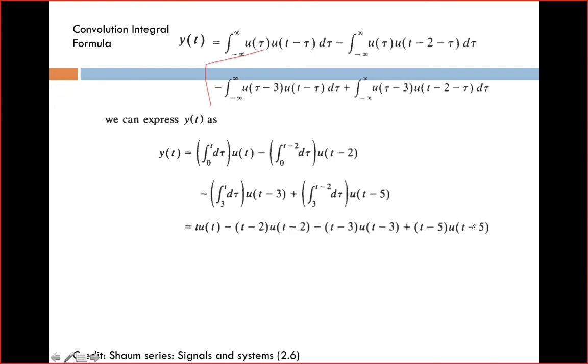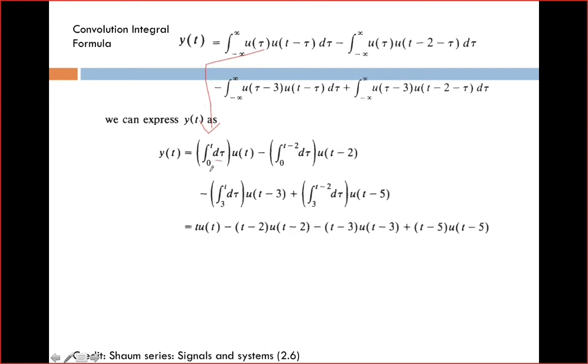So here the integration is from 0 to t of d tau, because u of t value is 1.